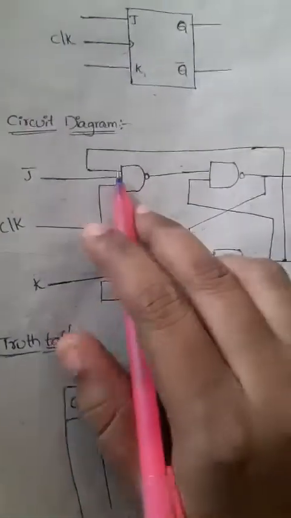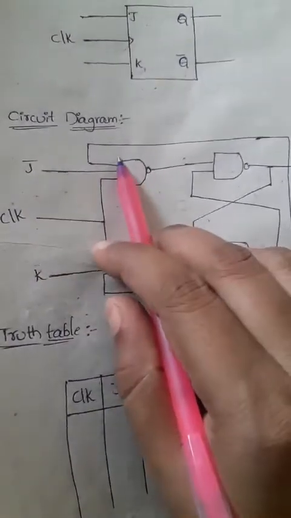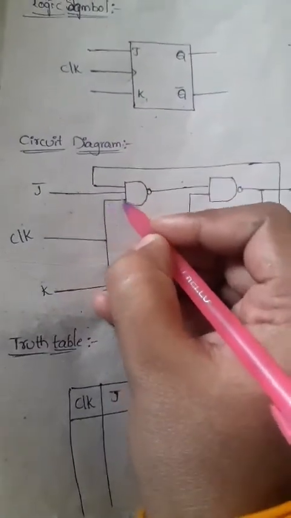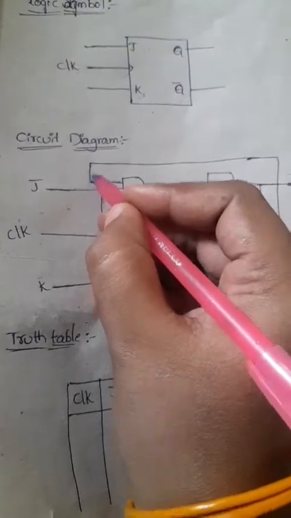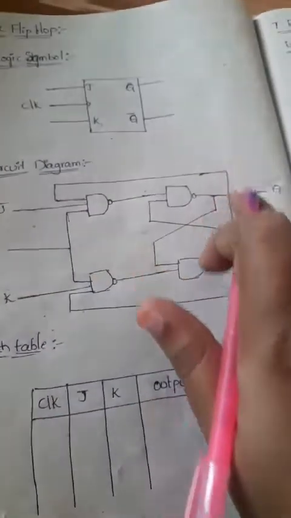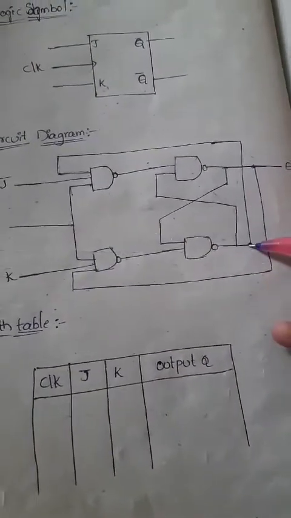Okay, so here the first NAND gate consists of a total of 3 inputs. One is the J input and another one is the clock, and the other one is this input. One of the inputs of the first NAND gate is connected to the present state of the complement output. See here, the present state of the complement output we are connecting.